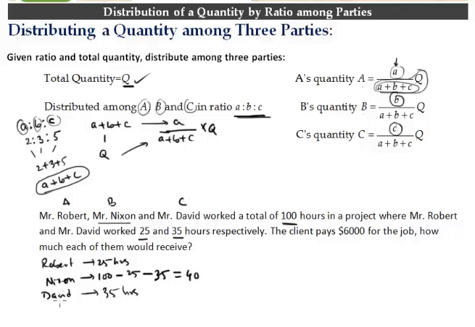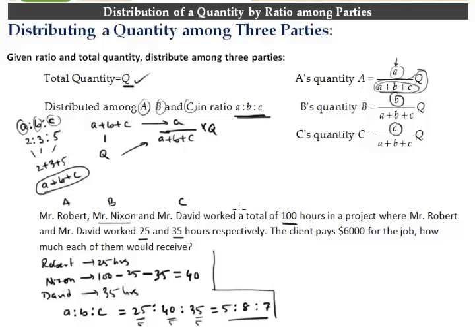So their ratio a : b : c, that is Mr. Robert, then Nixon, then David, is 25 : 40 : 35. If we simplify it by 5, we get 5 : 8 : 7. We divided everybody by 5. So this is the ratio between these three in their work hours.